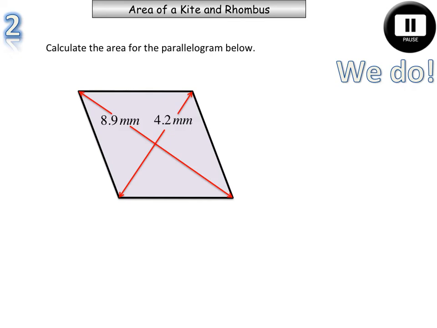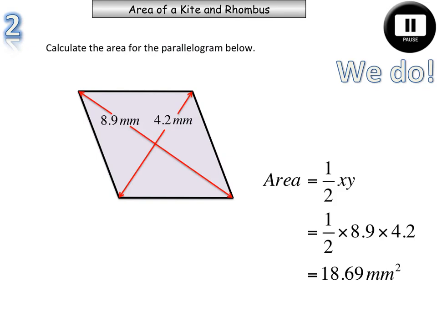Okay, calculate the area of the rhombus below. So pause the video and let's see how you go with calculating the area of this rhombus. So remember, it's the same area formula as the kite. Area equals a half xy.